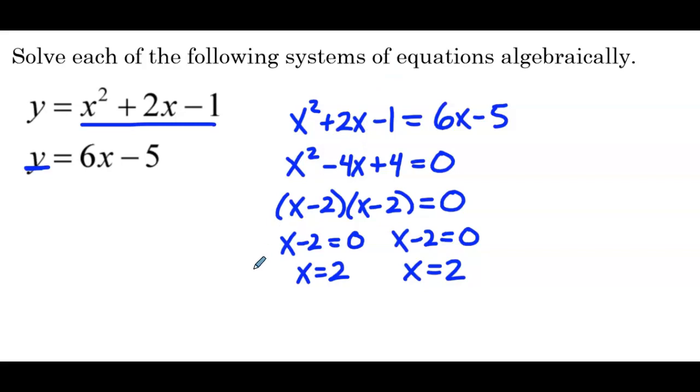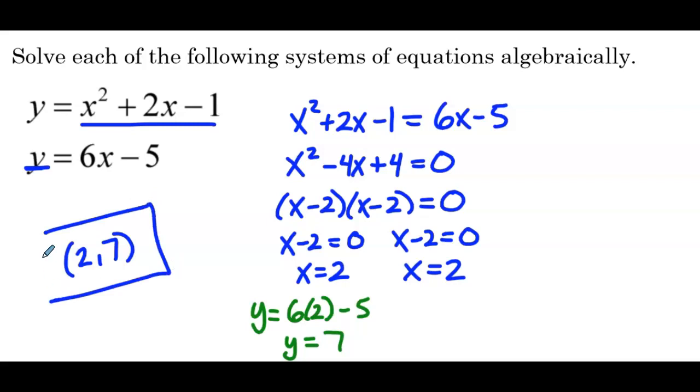So we have to find only one y value. So y equals 6x minus 5. So y equals 6 times 2 minus 5. So y equals 12 minus 5, which is 7. So our point of intersection, the solution to this system of equations, is (2, 7).